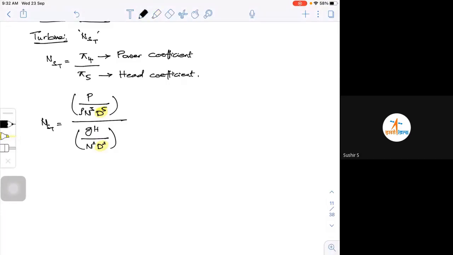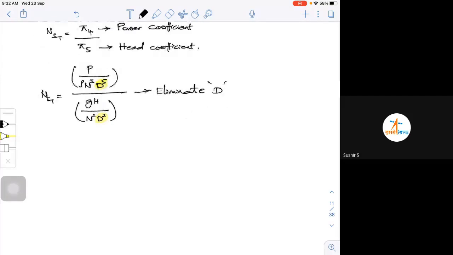So if I want to do that, I will take the numerator and raise it to the power of half, and the denominator I will raise to the power of 5 by 4.